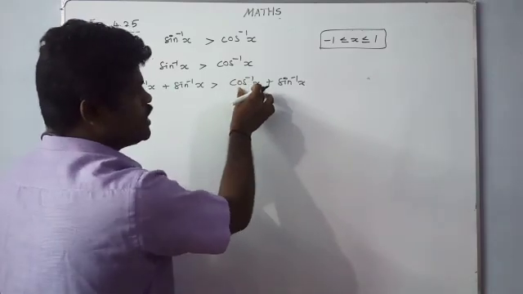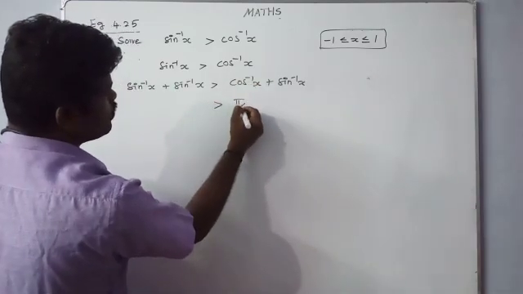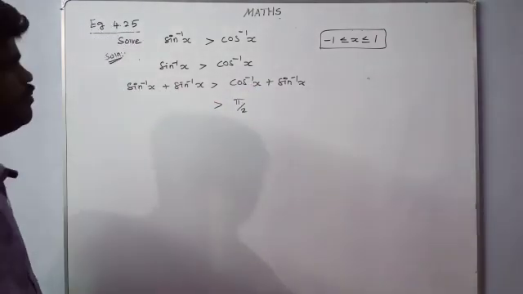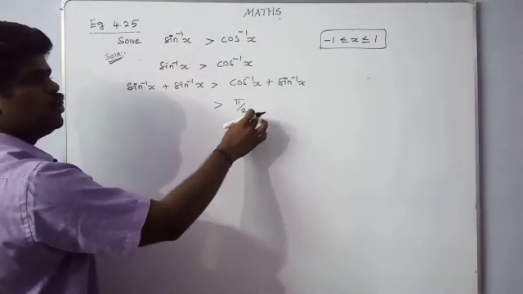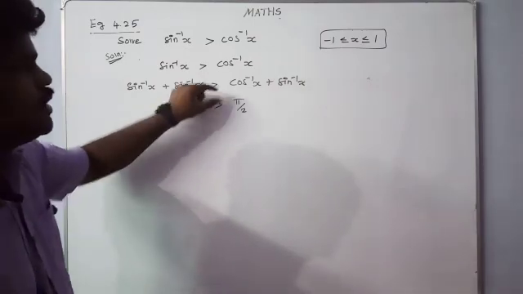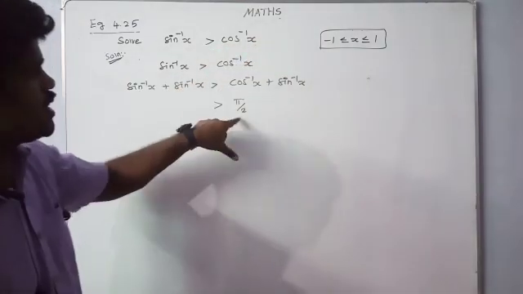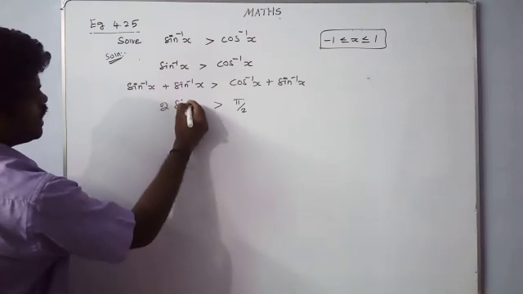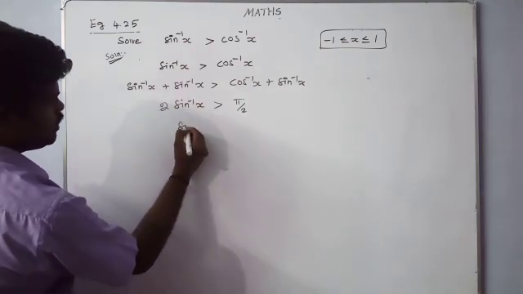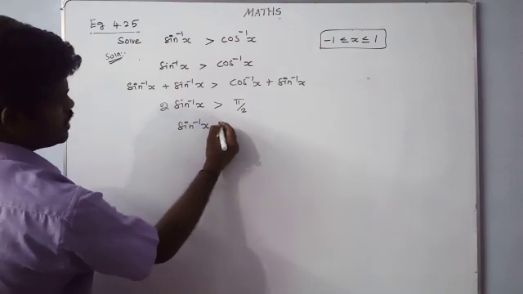Because this formula is known as pi by 2, this is property number 5: cos inverse x plus sin inverse x is equal to pi by 2. Here the result of cos inverse x plus sin inverse x is pi by 2, so 2 times sin inverse x is greater than pi by 2.